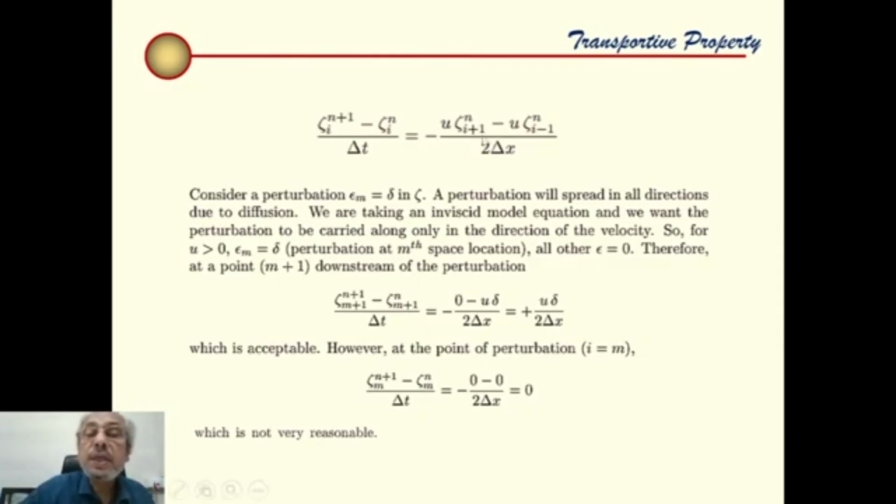Since we have taken an inviscid model, the perturbation going in all directions is eliminated, as if it is not diffusing. So we have switched off the diffusion term, and the perturbation will be carried only in the direction of velocity.